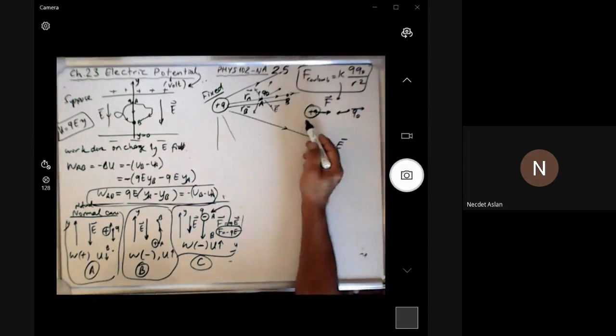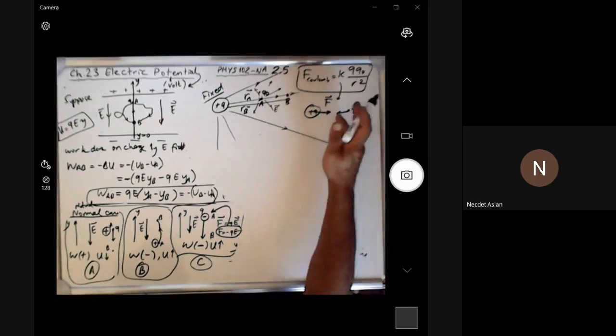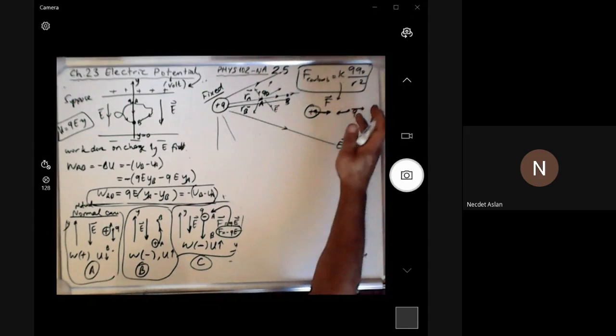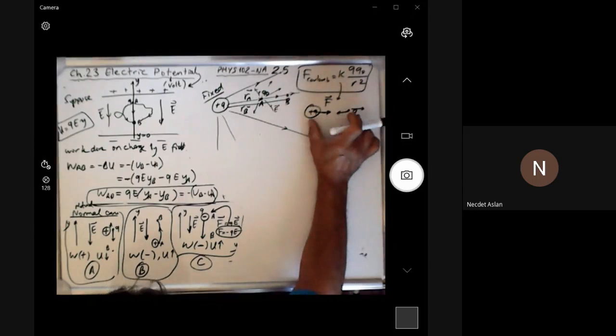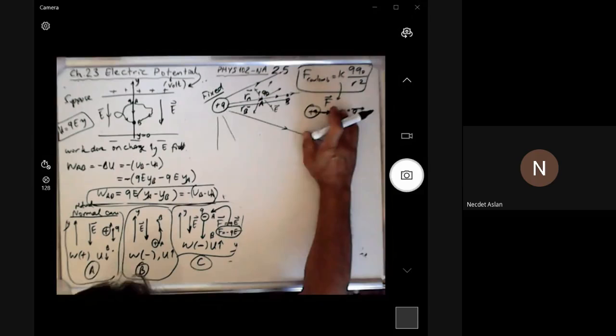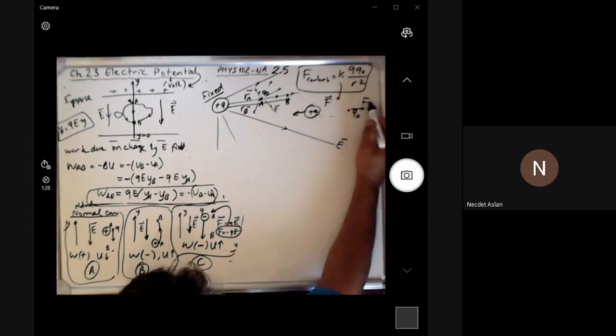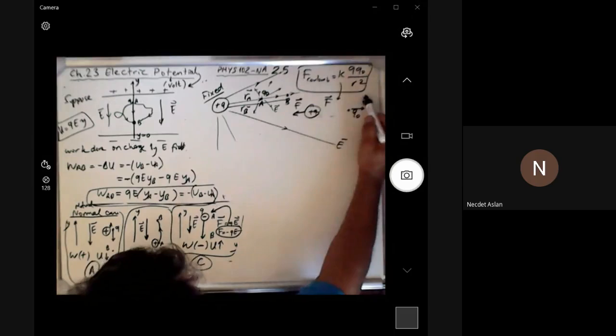In our case, because both of these charges are positive, this is not an attractive force but a repulsive force. So the directions of the forces are going to be away from each other. Exactly the same forces, the same force here and the same force there.